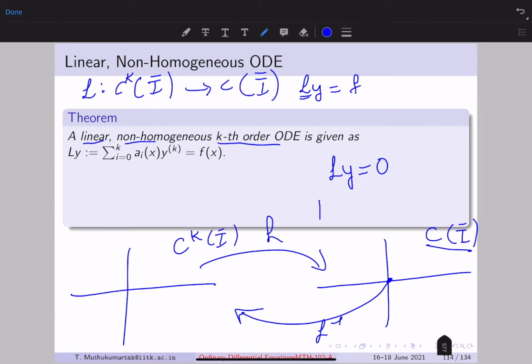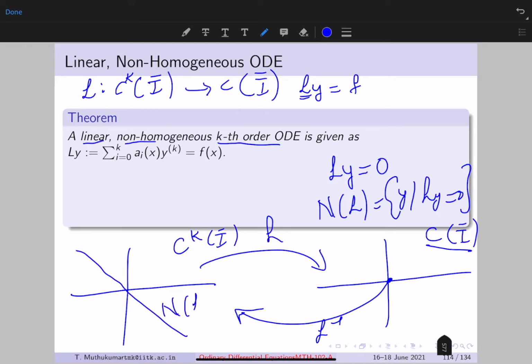If you recall, we introduced the notation N_L, the null space, the set of all y such that Ly is 0. We have seen a theorem that this N_L is a k-dimensional subspace, and because it is a subspace, it has to pass through the zero vector.